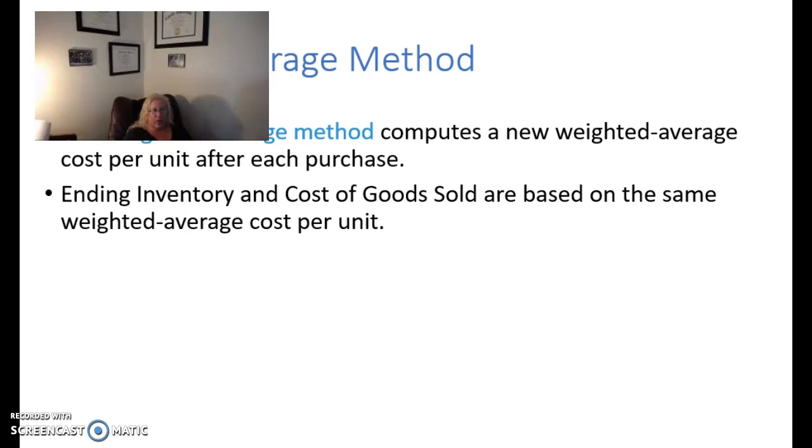When the units are sold, they're removed from inventory using the weighted average cost at the time of sale. When new purchases are added, the weighted average cost per item will change again and will become the new weighted average cost that will be used for the next sale. So the weighted average method, they're not taking the beginning or the last in or the first in. They're taking everything and getting an average.